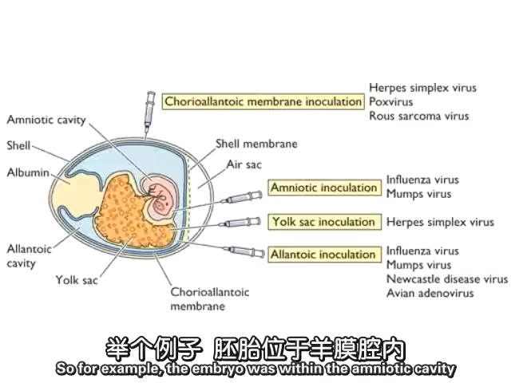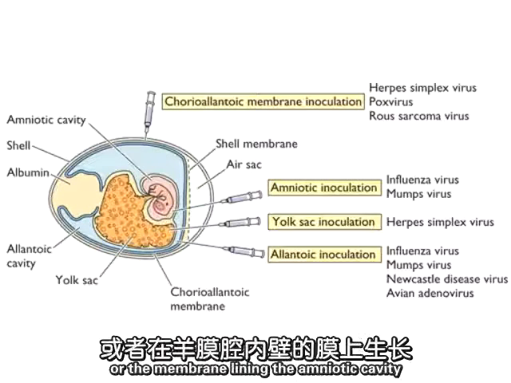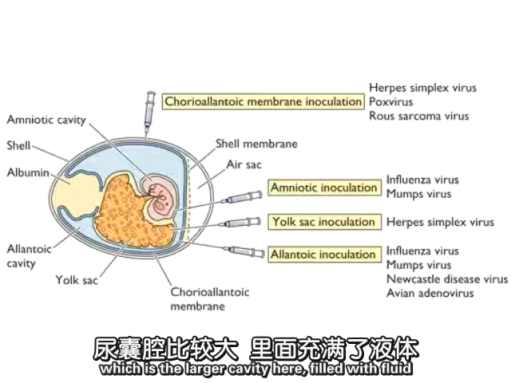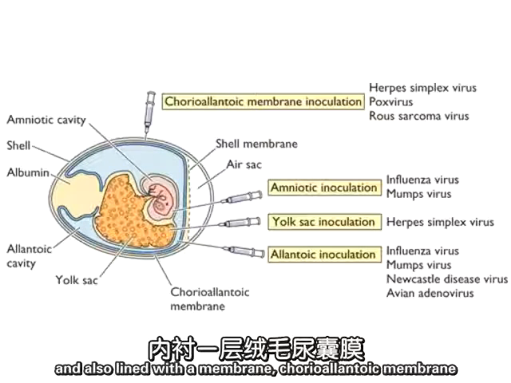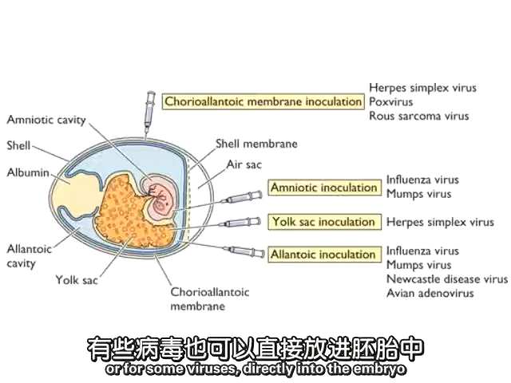So, for example, the embryo is within the amniotic cavity, and you can inject some viruses directly in there, and the virus will grow in the embryo or in the membrane lining the amniotic cavity. You can also inject into the allantoic cavity, which is the larger cavity here, filled with fluid, and also lined with a membrane, the chorioallantoic membrane. You can even put viruses in the yolk sac, or for some viruses directly into the embryo.